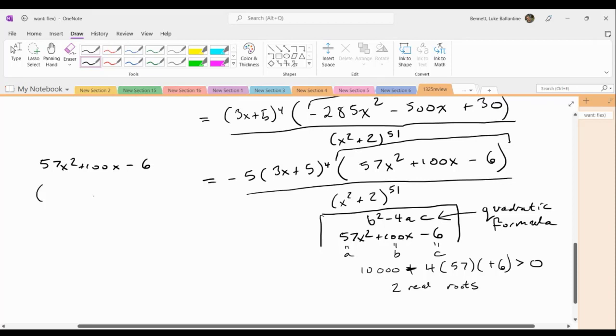We can do that. So one's positive, one's negative. The bigger one is positive. What are factors of 57? Is it 19? Yeah, 19 times 3. So maybe we try 19x and 3x. And then we want the bigger one to be positive, so we have to switch these. And then 6 times 19 is our best shot. 19 times 6 is 114.